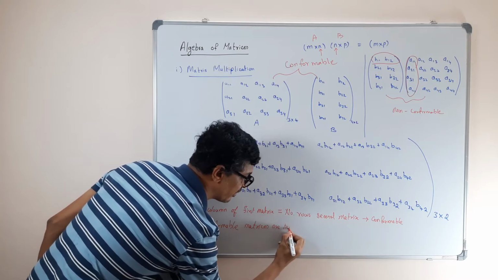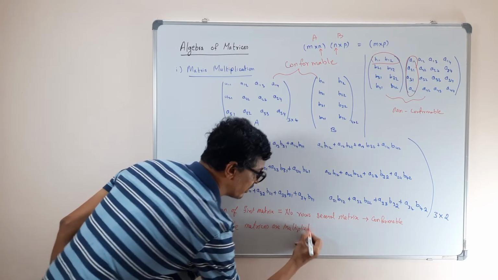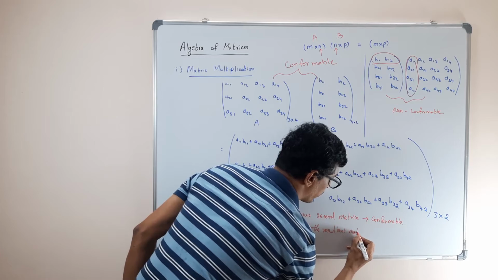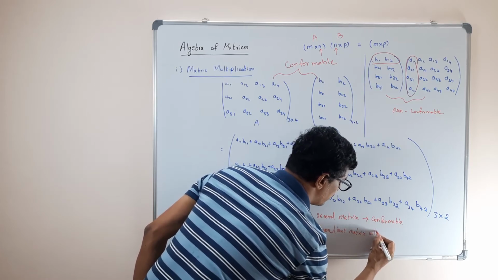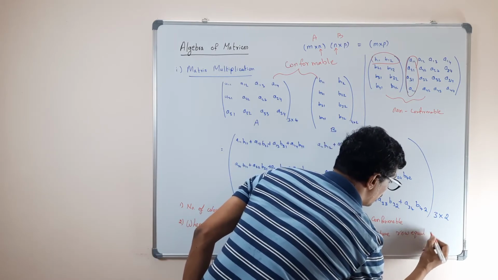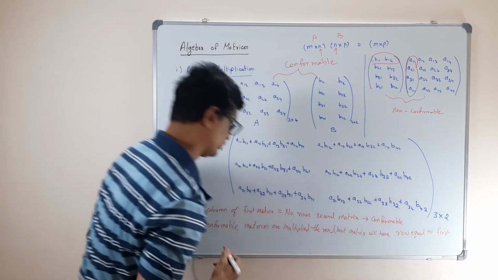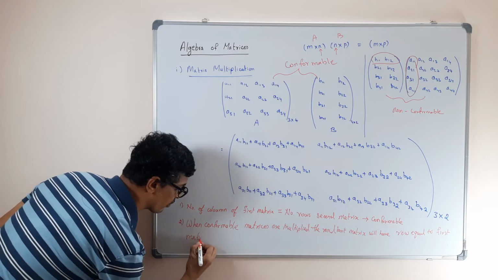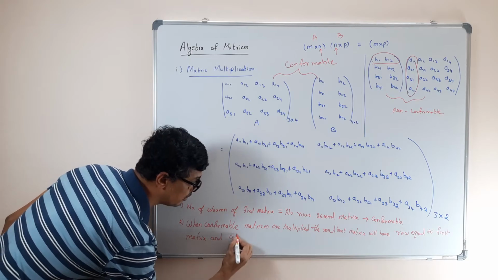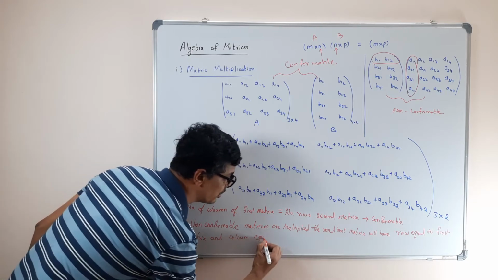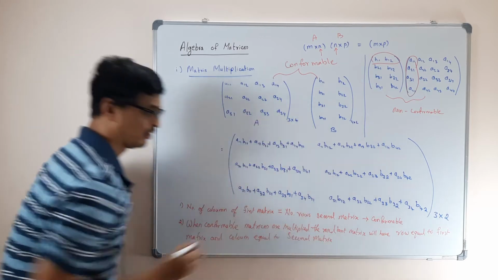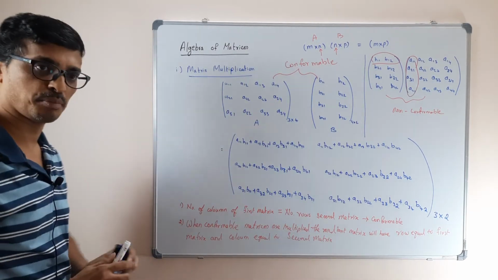Am I right? Yes, rows equal to the first matrix and columns equal to the second matrix.